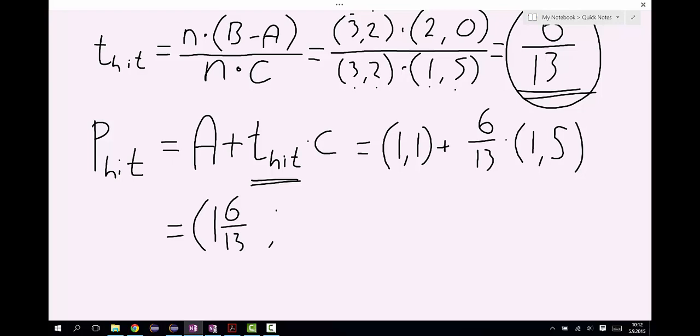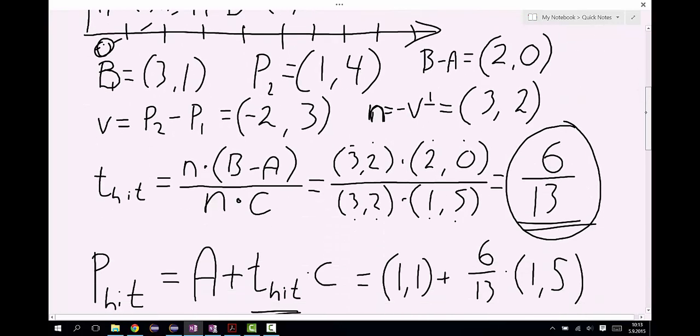That's 30/13, which is 2 and 4/13, so we get 3 and 4/13. Okay, so 1 and 6/13, 3 and 4/13. So that's the hit point that we have.